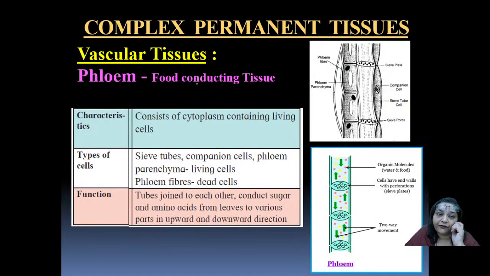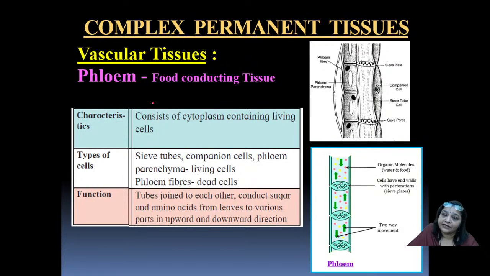The other type of complex permanent tissue is the phloem, which is the food conducting tissue. They conduct food, okay. The conduction of food is from the leaves, which are the green part of the plant, where the food is prepared by the process of photosynthesis. So food is conducted from the leaves to other parts of the plant.